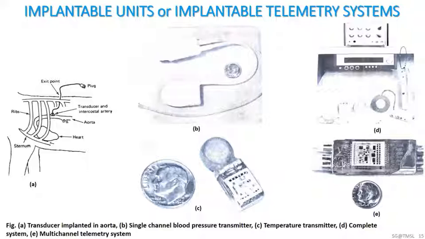The receiver is modified to accept both continuous FM and pulsed radio frequency mode telemetry signals, and an inductive power control system is to be attached here for turning the implant on and off, shown on the bottom right side. So these are some implantable units figures.